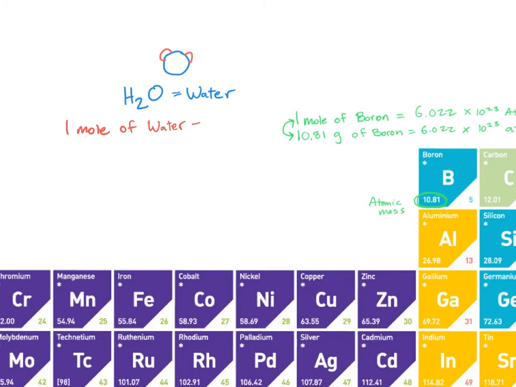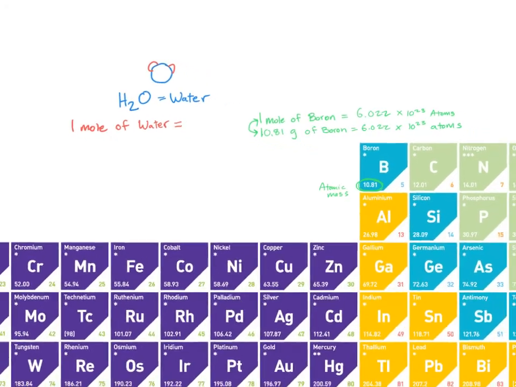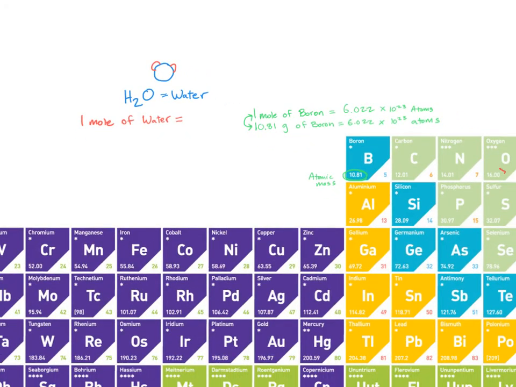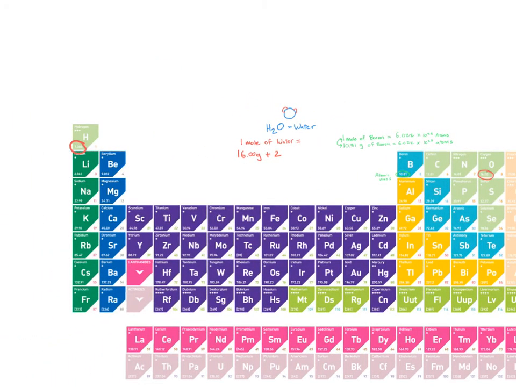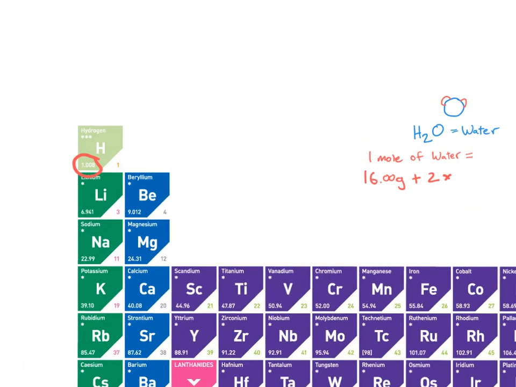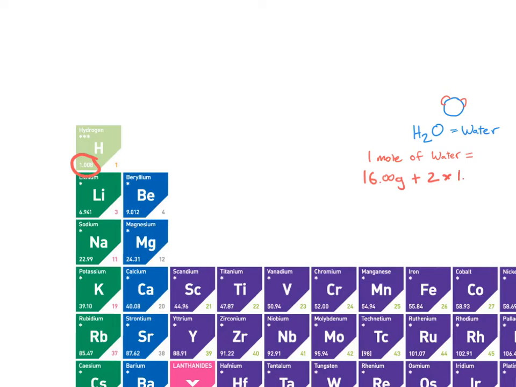So that's going to equal the atomic weight of oxygen, which is 16, plus 2 of the atomic weight of hydrogen, which we're going to round to 1.01.